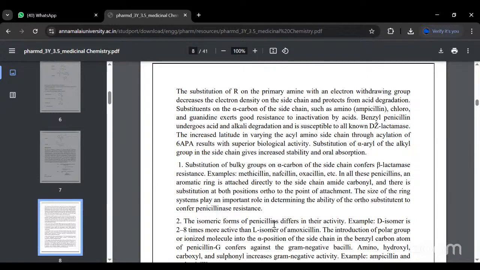The introduction of a polar group is recognized in the ionized molecule.